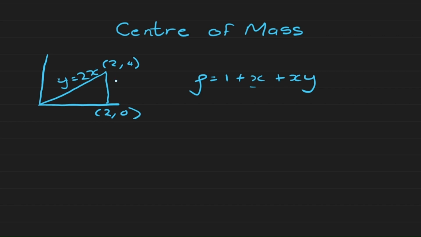So how do we find the center of mass? What do we understand by center of mass to begin with? Think about a seesaw, or some kind of object where we want to understand how to position something.